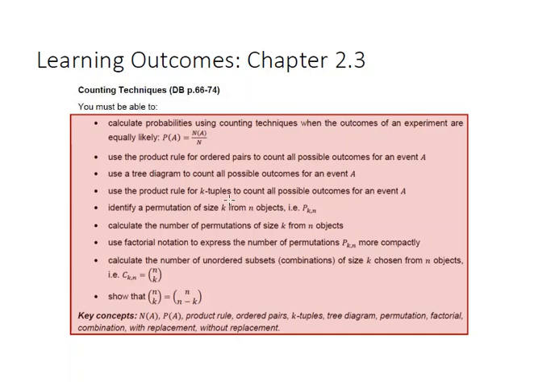For example, we are going to define the sum principle, product principle, permutation, combination, factorial, and also learn how we can calculate probabilities using counting techniques.